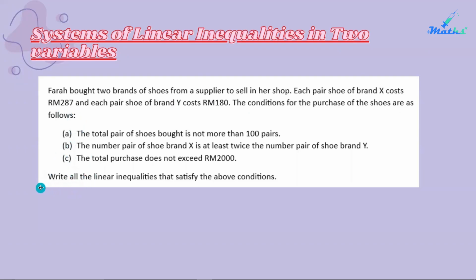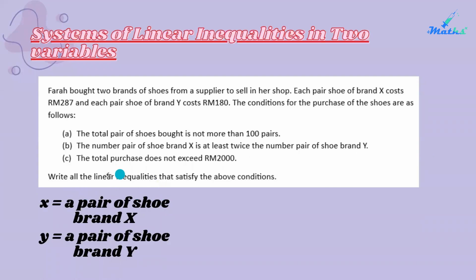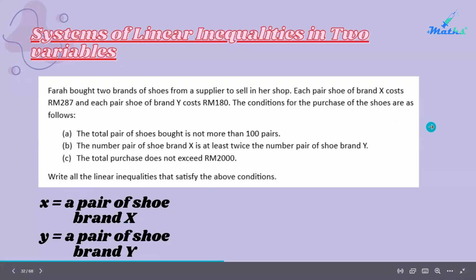The question asks us to write all of the linear inequalities that satisfy the above conditions. So there will be 3 linear inequalities here. Before we form the linear inequalities, let's find the x and the y first. The x should be the brand X, and the y should be the brand Y. So x is a pair of shoes of brand X, and y is a pair of shoes of brand Y.